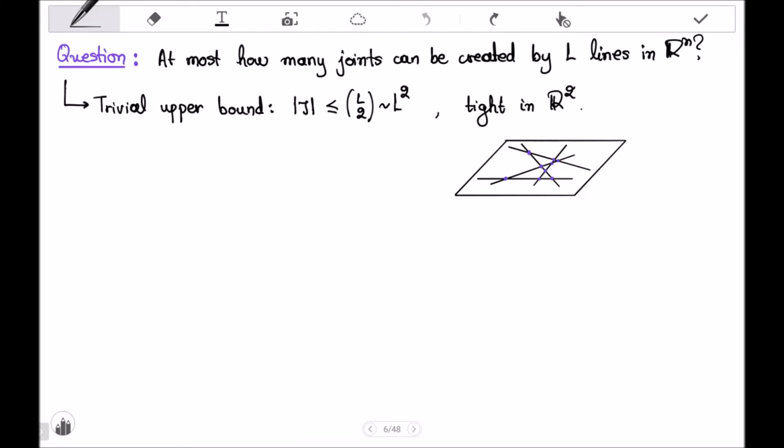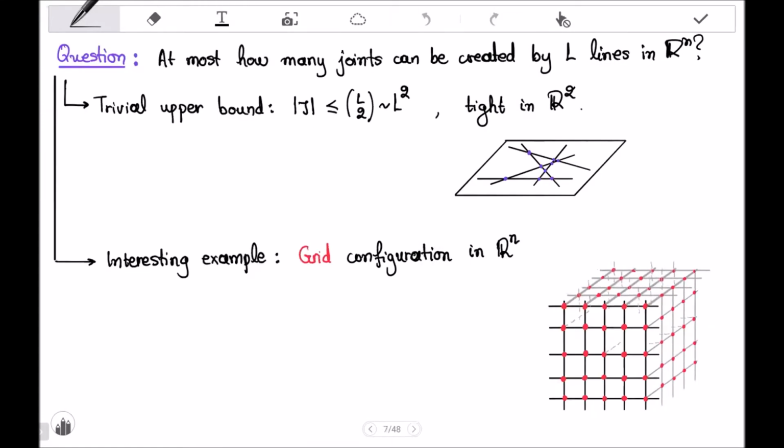But we said that in higher dimensions we expect better upper bounds, right? And to search for lower bounds, we can think of an interesting configuration that is a grid configuration inside R^n. So here, let me do the example in R^3. We have a k by k by k grid inside R^3 of lattice points, let's say.